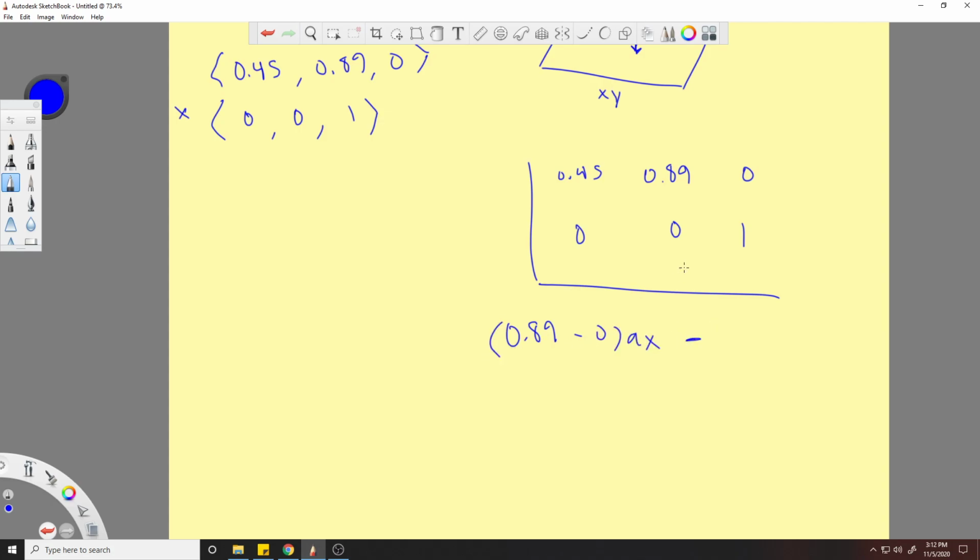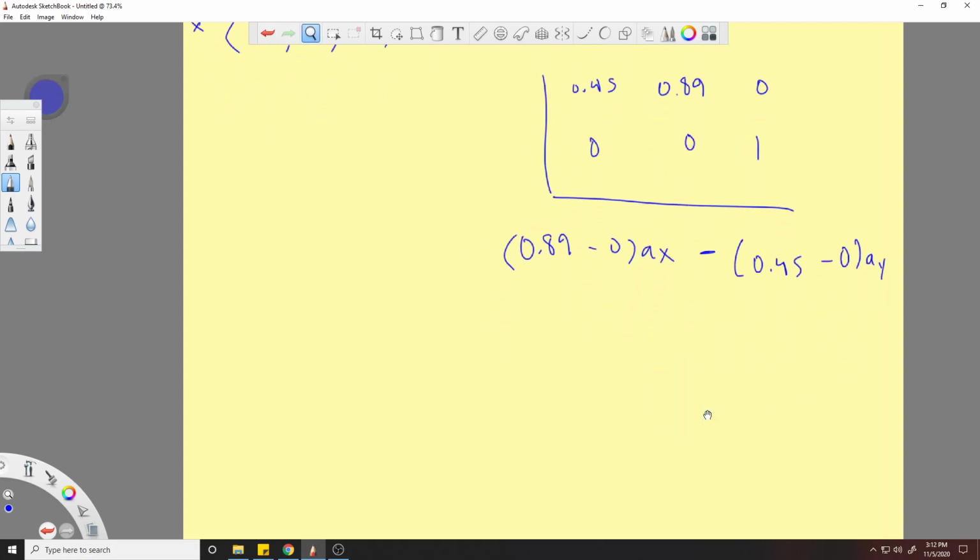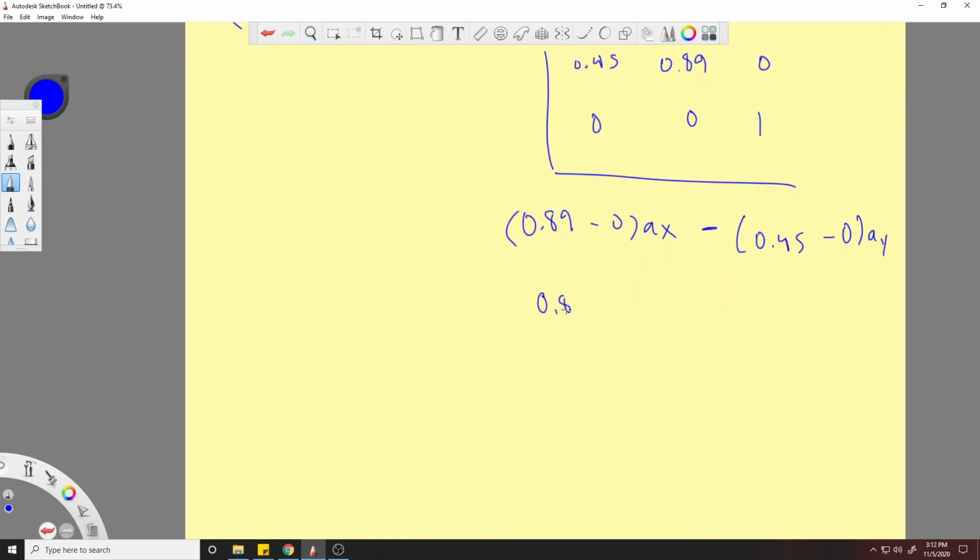And then I'll put a minus sign. 0.45 times 1 minus 0, so that'd be minus 0.45 ay. So that leaves us with a final solution of minus 0.45.